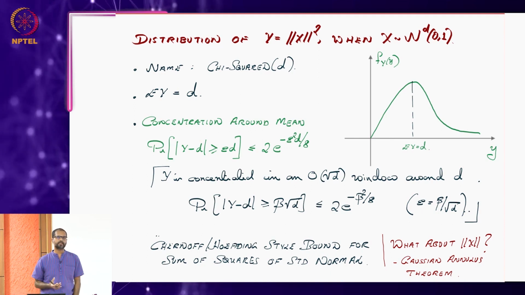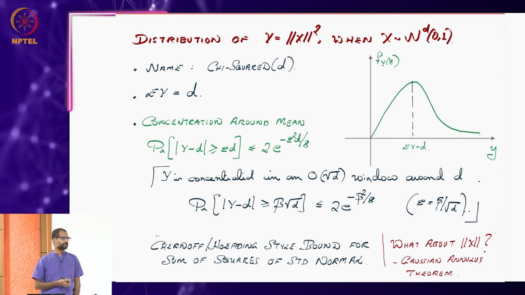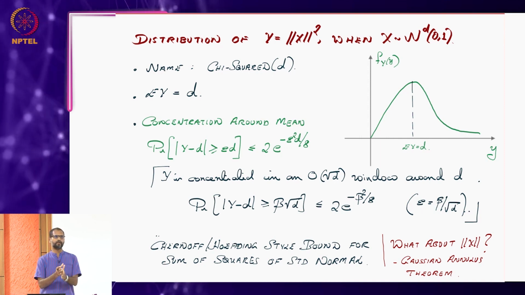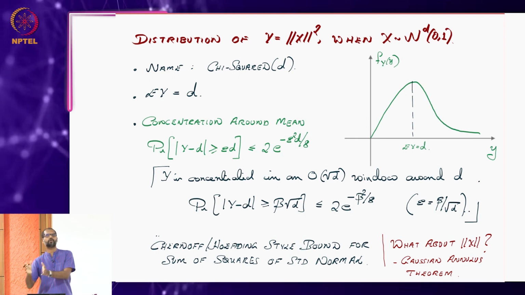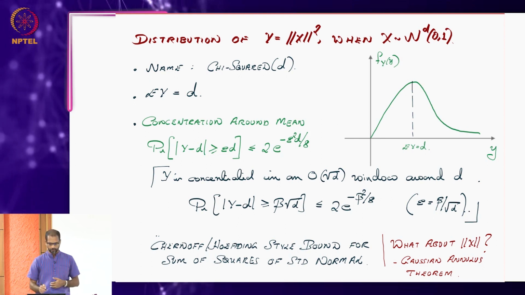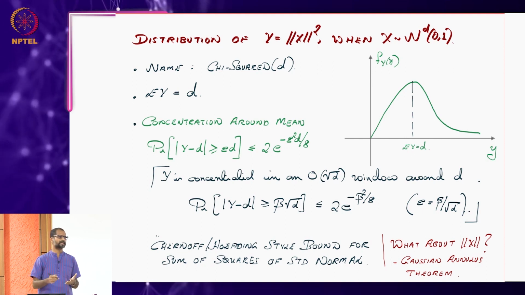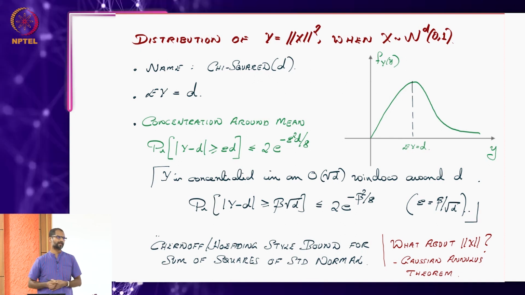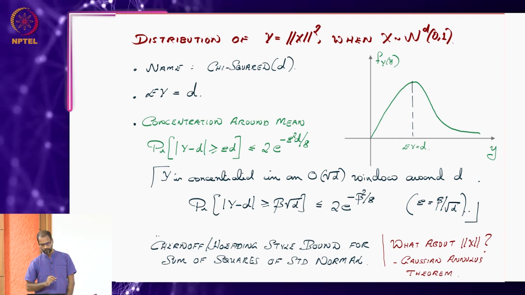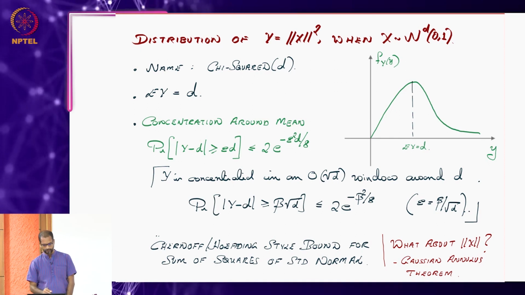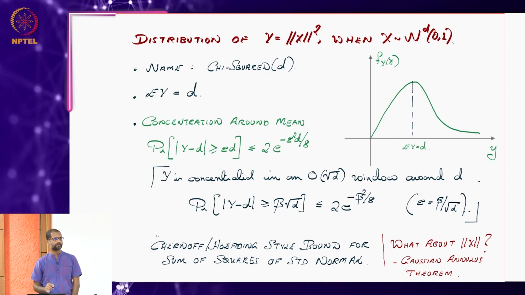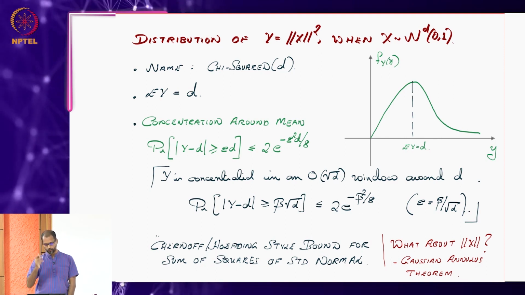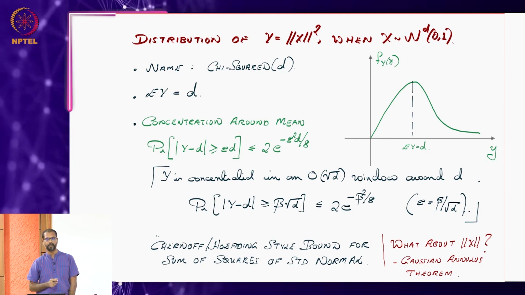This is how every concentration bound will be stated. The probability that the magnitude of your deviation from the mean is larger than something is going to be smaller than something. Here, what is larger than what, smaller than what, all depends on how you do the proof for this. In this case, the particular result that we will need is that the deviation being larger than some epsilon times d is going to be upper bounded by 2 times e to the power minus epsilon squared d by 8.